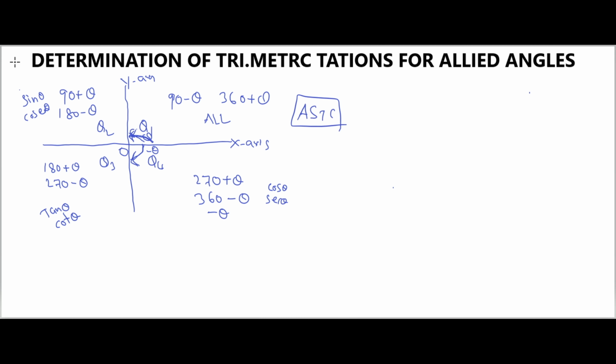In first quadrant all trigonometric ratios are positive. S: in second quadrant sin theta and the inverse of sin theta, that is cosec theta, are positive. T means in third quadrant tan theta and cot theta are positive, rest are negative. C means in fourth quadrant cos theta and secant theta are positive, rest are negative.